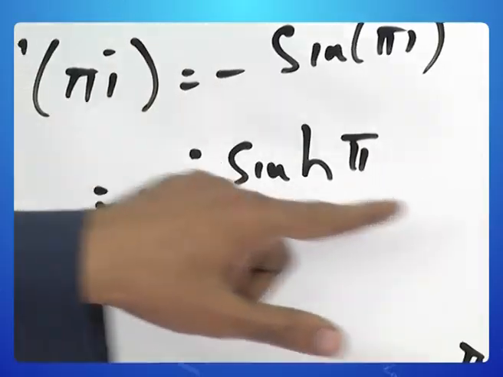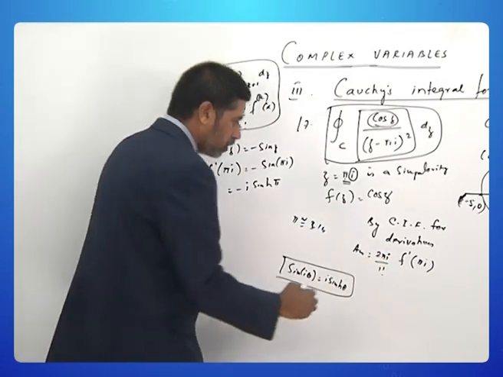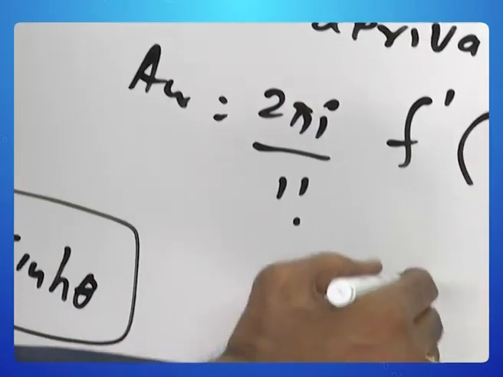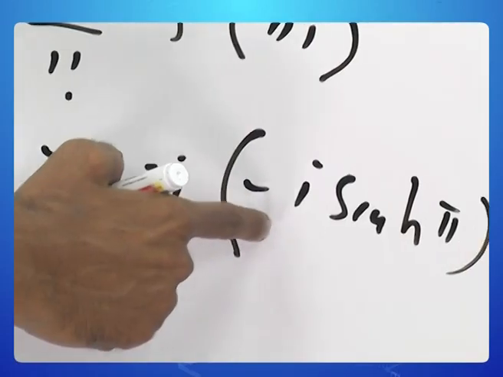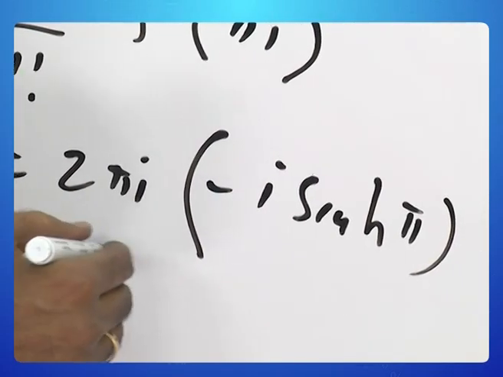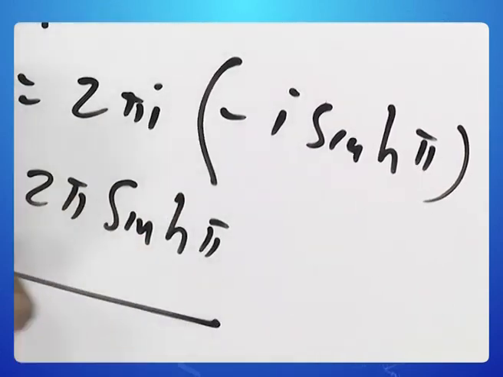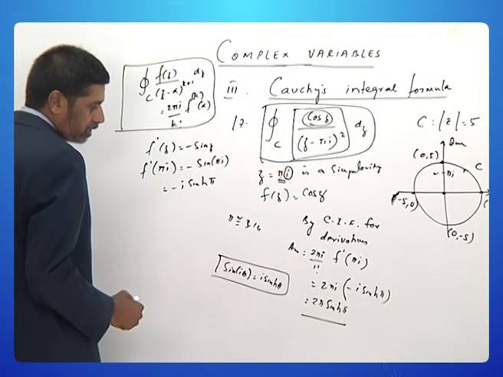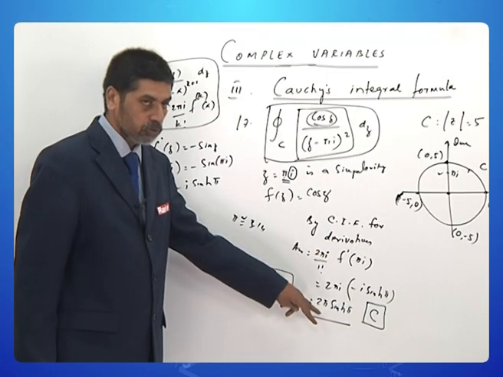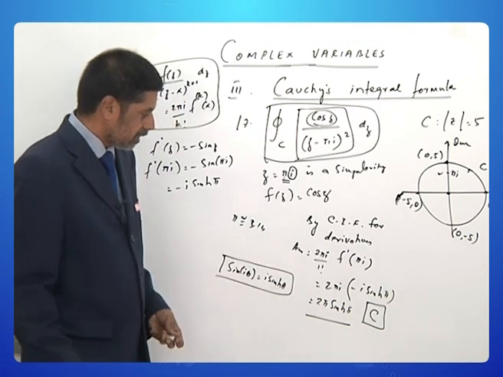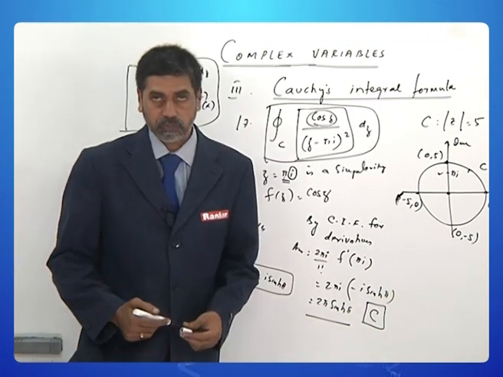So, when you substitute this into the function here, you will get 2 pi I into minus I sin hyperbolic pi. Minus I square is 1, so the output is 2 pi sin hyperbolic pi. And you will see that this answer is found as option C. So, you must also know these relations in order to conclude a problem. Otherwise, you will find that you are doing something wrong.